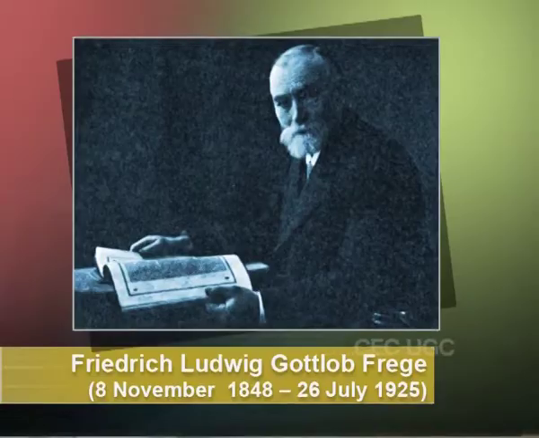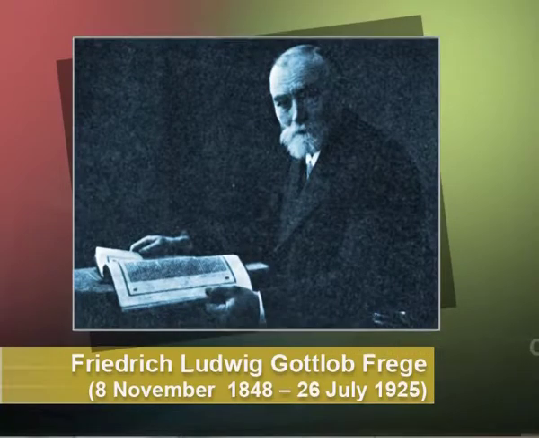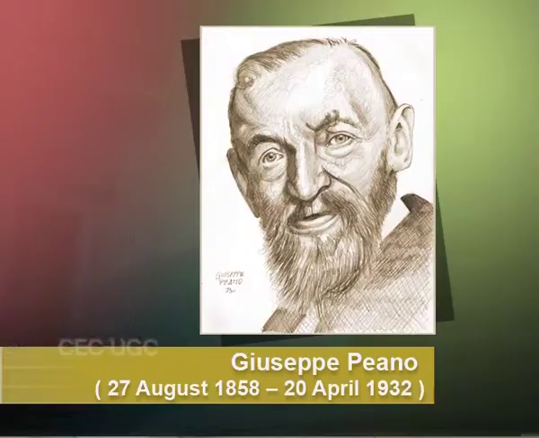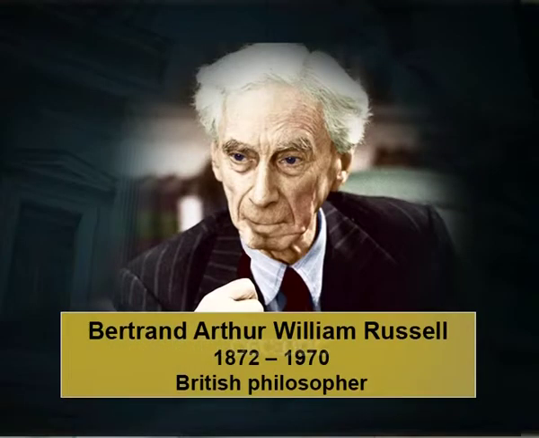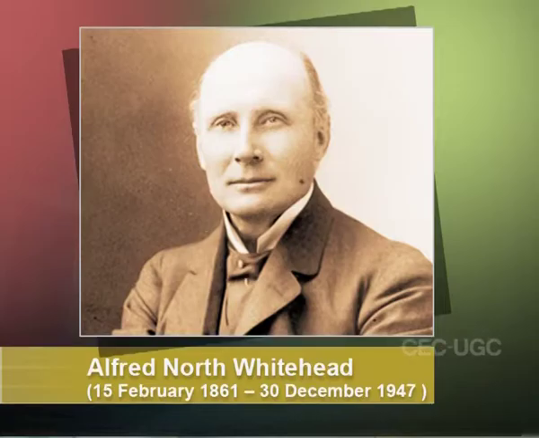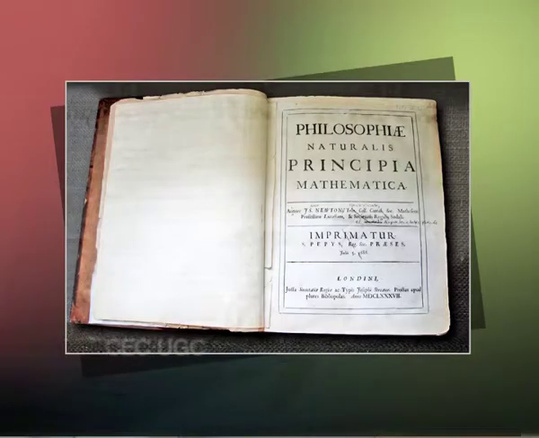Their works, in particular that of Gottlob Frege and Giuseppe Peano, was continued by Bertrand Russell. In 1910, in collaboration with A. N. Whitehead, Russell published Principia Mathematica, a monumental work in which a system of symbolic logic is elaborated and made to serve as the foundation of the whole of mathematics.